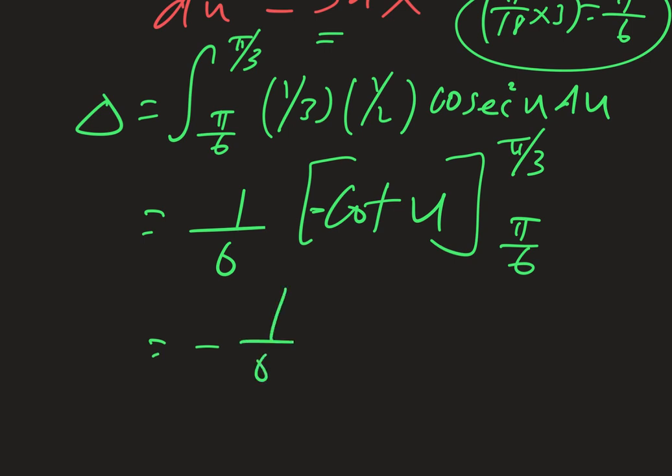When you remember your trigonometry, this is 60 degrees, this is 30 degrees. So 60 degrees for cotangent is actually smaller, 30 degrees is bigger, correct?